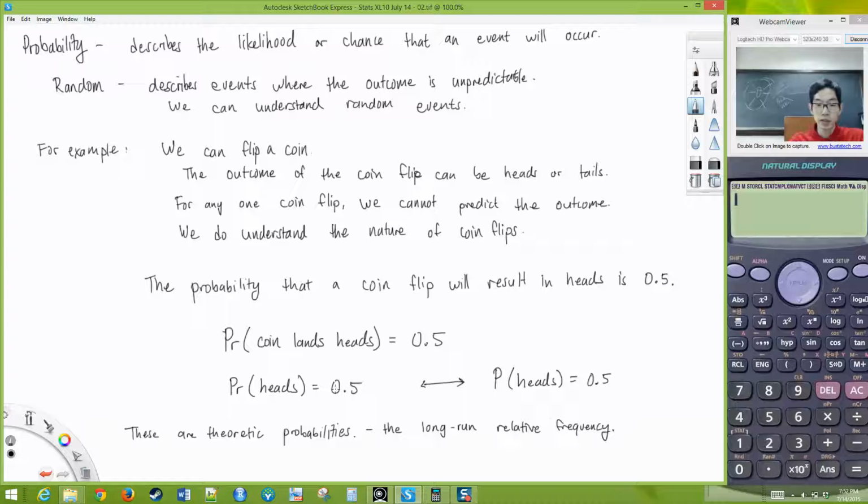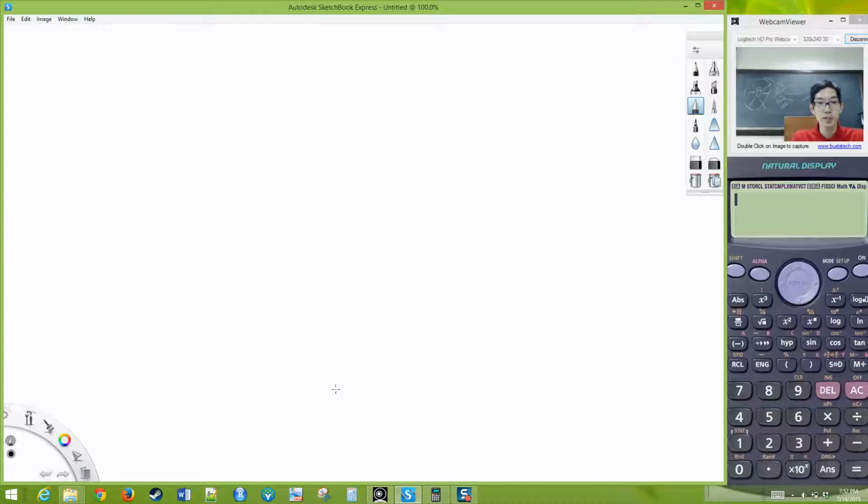This is in contrast. Again, theoretic probabilities are the long-run relative frequencies, basically based on an infinite number of trials.